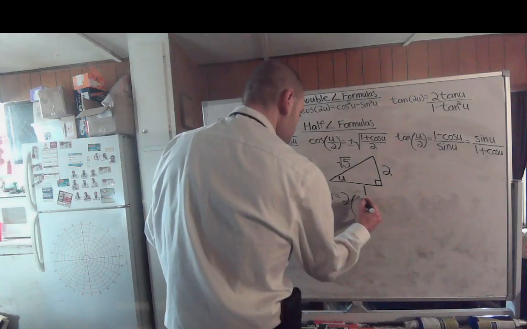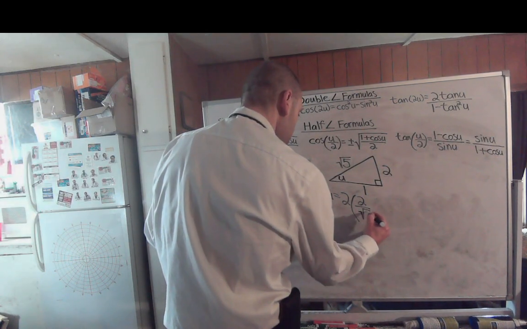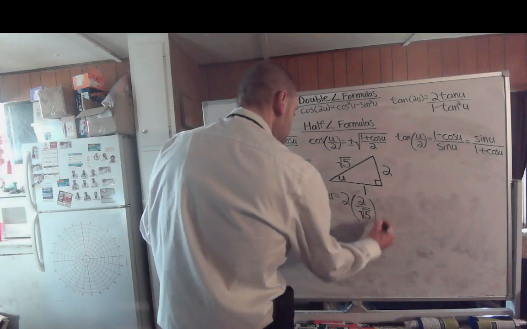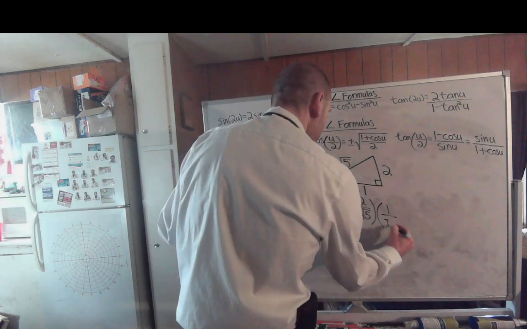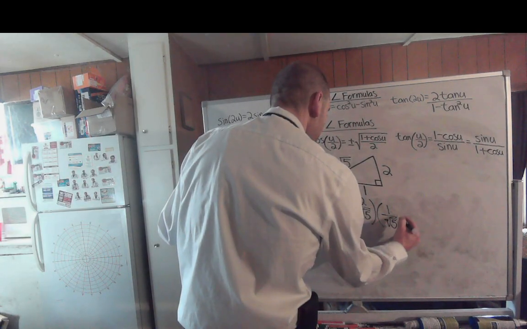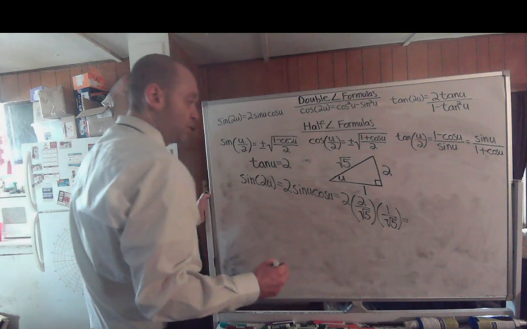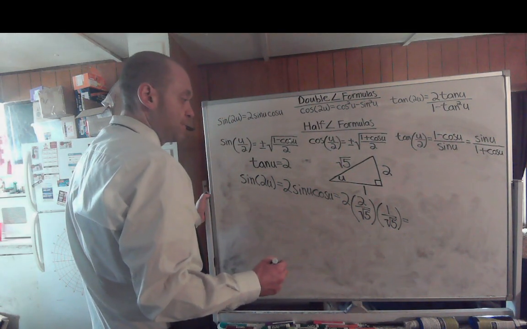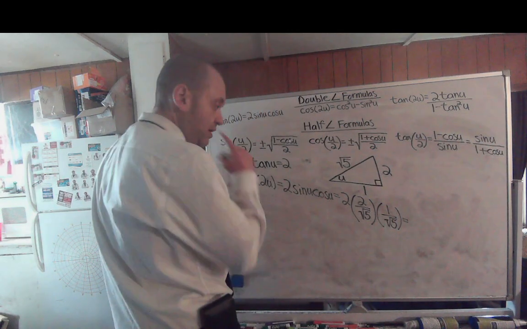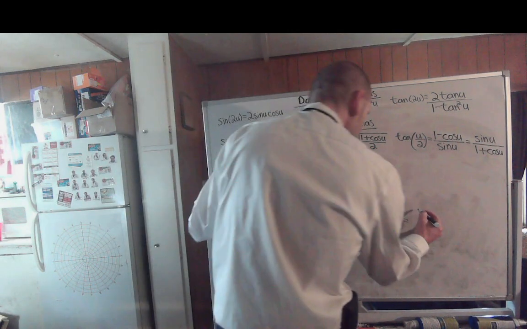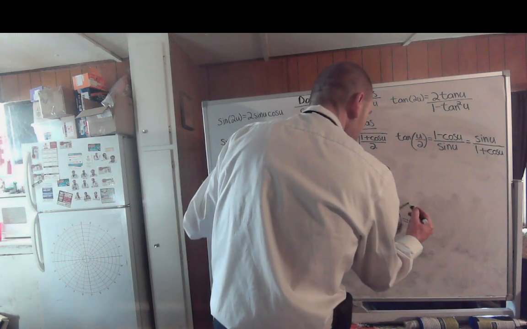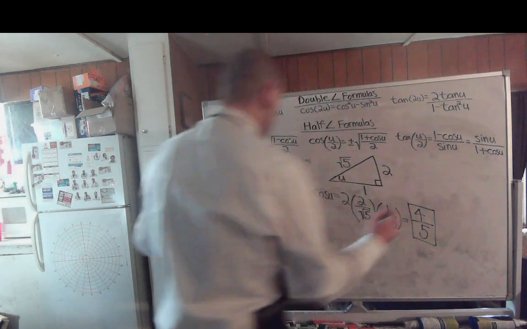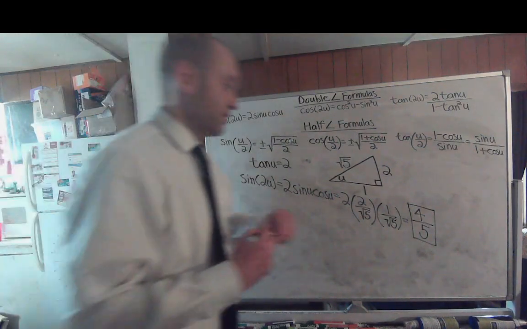That's 2 over the square root of 5, times the cosine of u, which is 1 over the square root of 5. So, just multiply your numerators. You get 2 times 2 is 4 times 1 is 4 over 5, since the square root of 5 times the square root of 5 is just 5. So the sine of 2u would end up equaling 4/5.